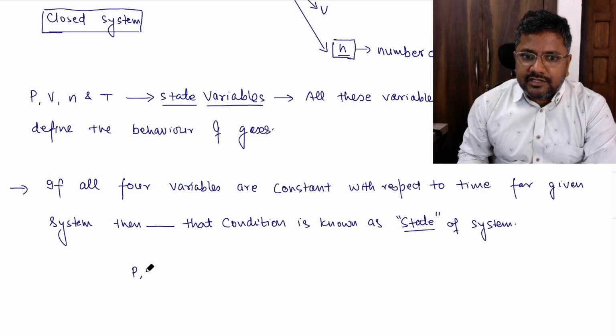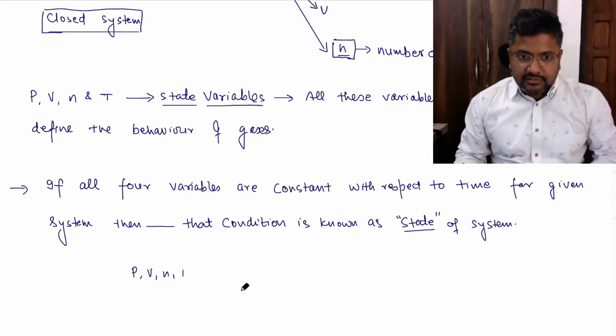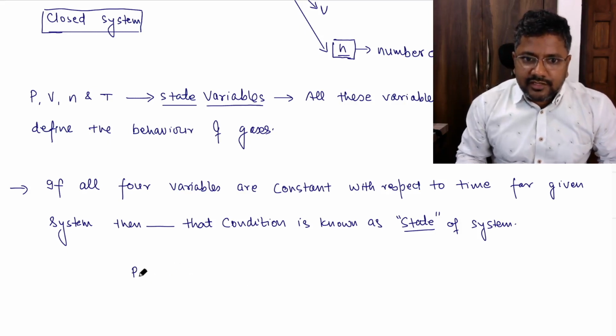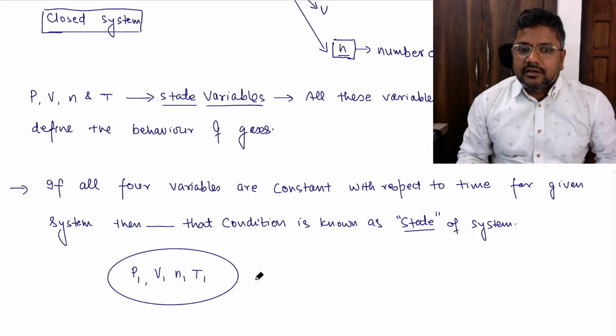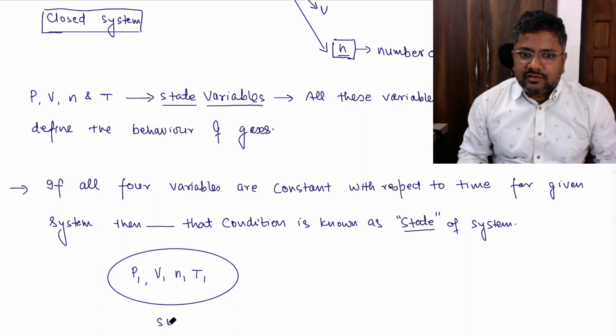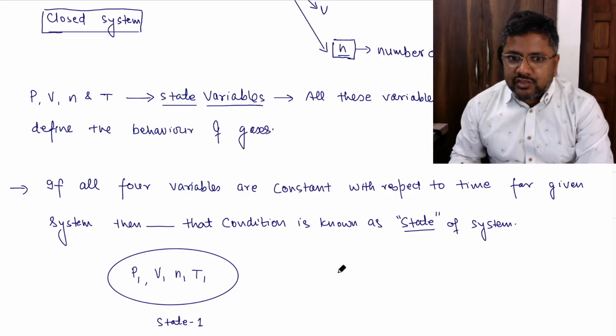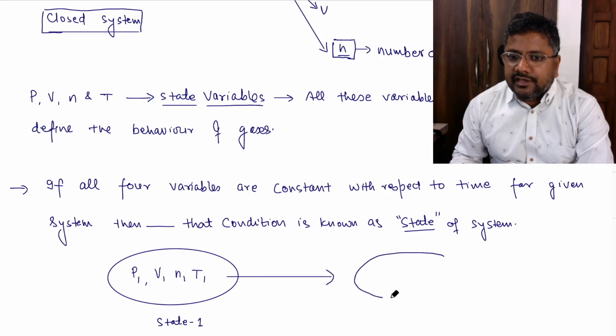So suppose that we have not P, V, N and T, but P1, V1, N1 and T1. This is constant with respect to time, so this is called state 1. What is the meaning of state 2? It means you change certain variables.